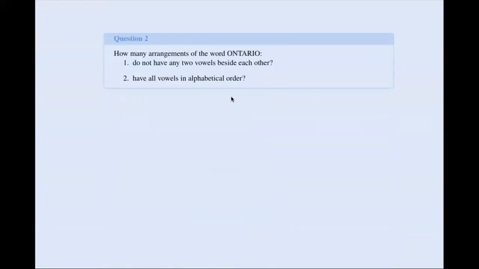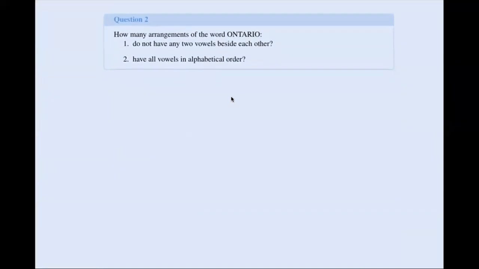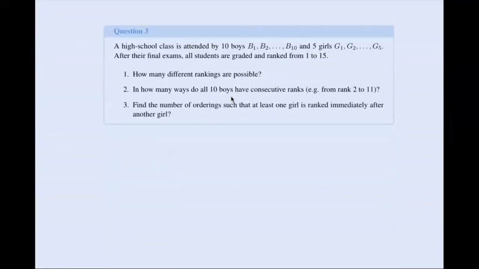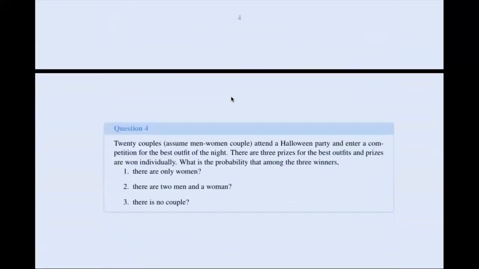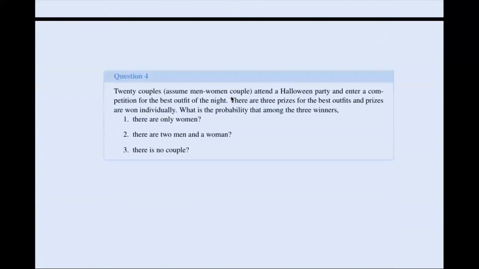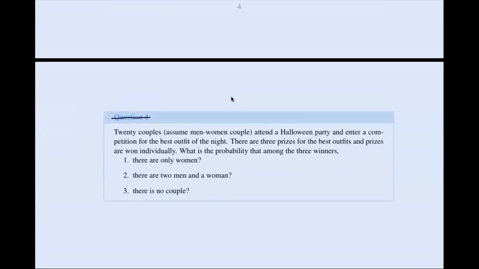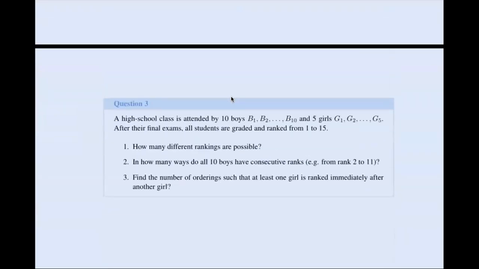And then also, let's see. 3 is fine. I will also cross out question 4 for the tutorial today. We will go over it in the next tutorial. But since you didn't study combination yet, I will cross out question 4 and question 1b.